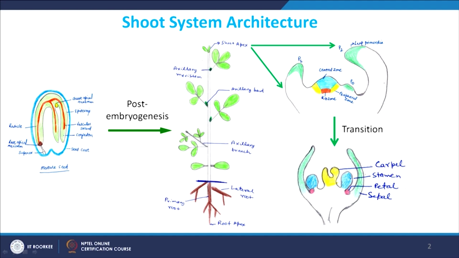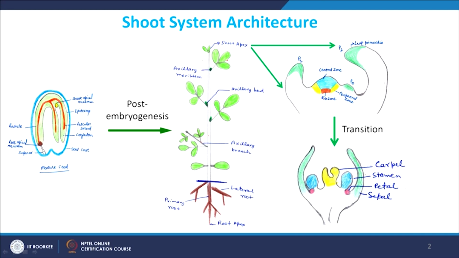In mature plants you have many parts or many organs depending on the plant species, but if you look at the basic structure, we have stem, some branches, some buds, then later on after transition from vegetative phase to reproductive phase, we have a structure called inflorescence, and in inflorescence we have flowers.